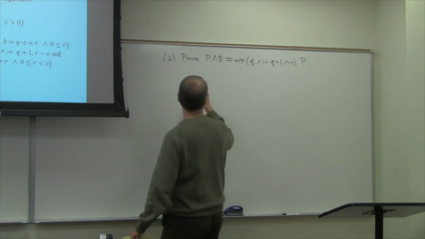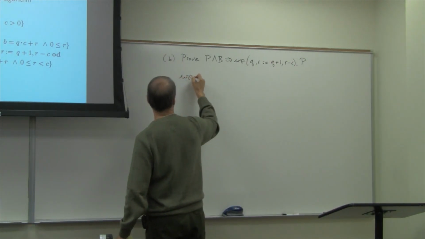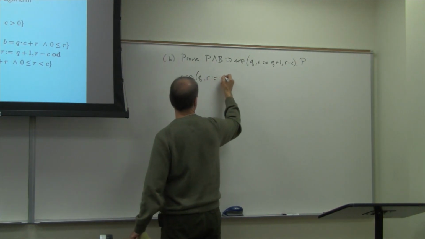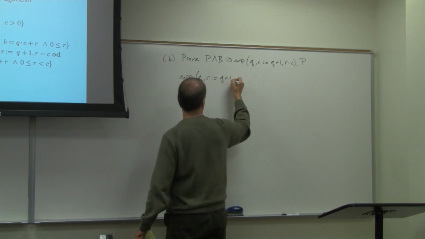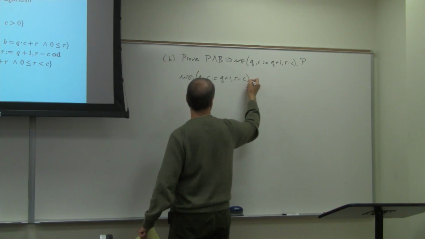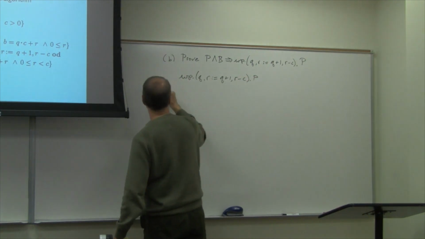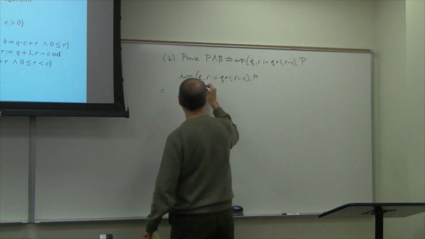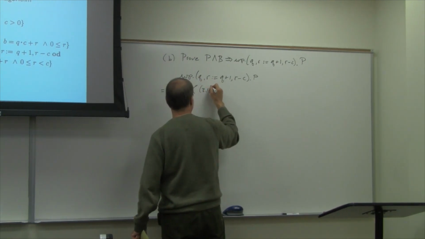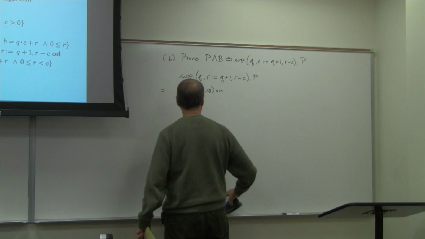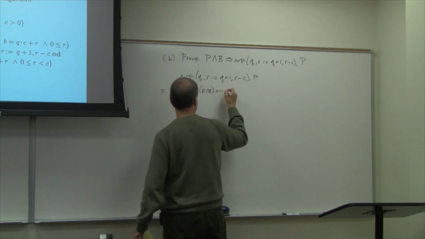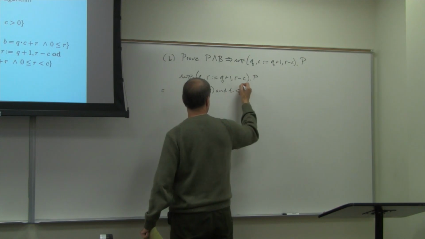Okay, so we have WP dot Q comma R gets Q plus 1 comma R minus C dot P equals, by P.18 and textual substitution.